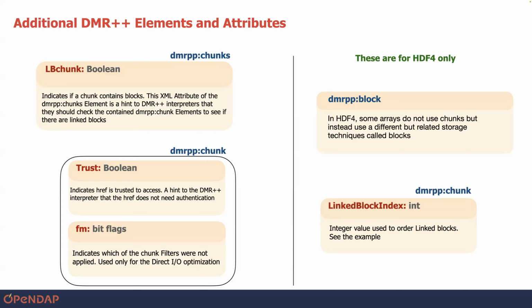In addition, there are some other attributes for the DMR++ chunks element itself. Remember, chunks is the encasing XML element. It holds a bunch of individual chunk elements, and those chunk elements hold the actual offset and length for the data blocks, or data pieces, a better word to use in that case. We have two extra attributes.